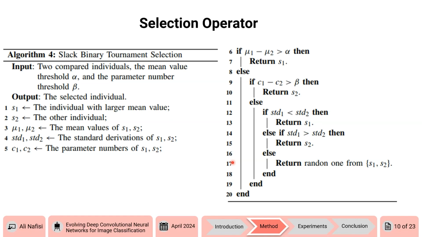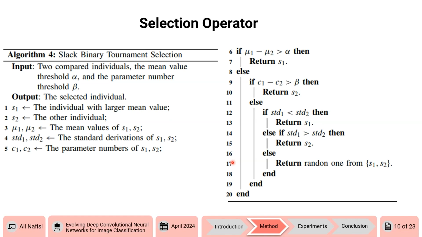We said the mu is the mean value of their accuracy on the validation data set. Then it checks whether the difference is too high based on the parameter alpha. If it's too high, it will return the individual that has better accuracy.